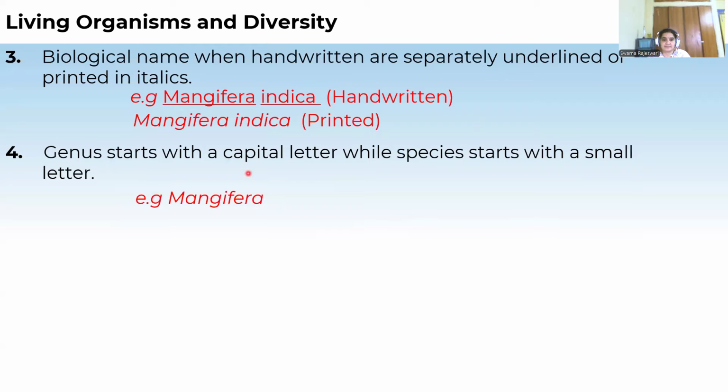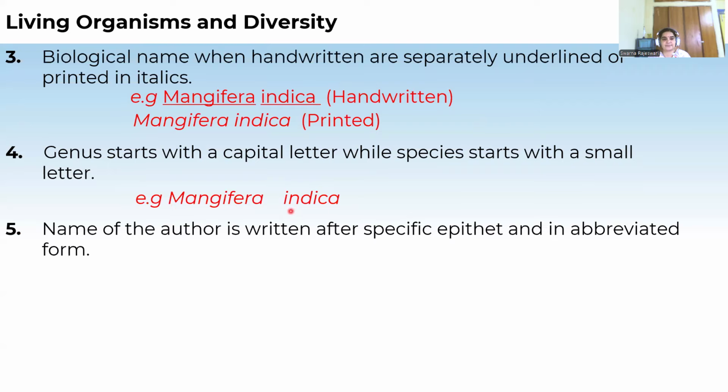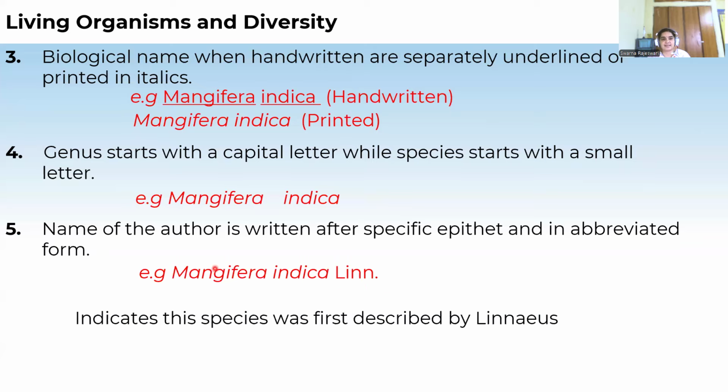If you see Mangifera, it is a capital letter, and in indica it is a small letter. And at last, the author name, Linnaeus, is the person who named it. The name of the author is written after the specific epithet and is abbreviated as Lin. Linnaeus is the scientist who named Mangifera indica.